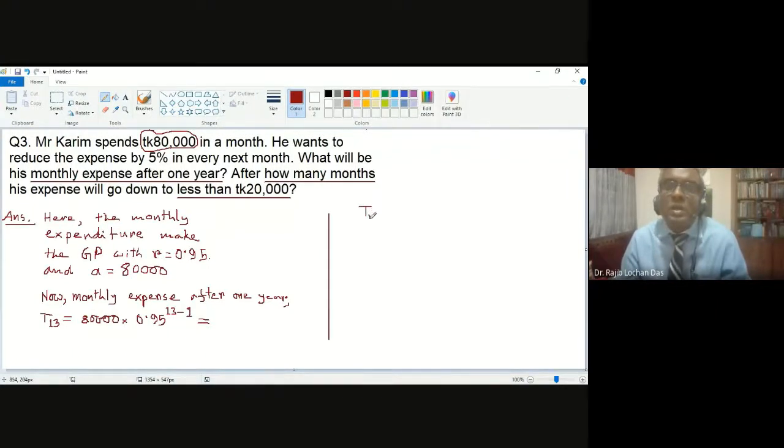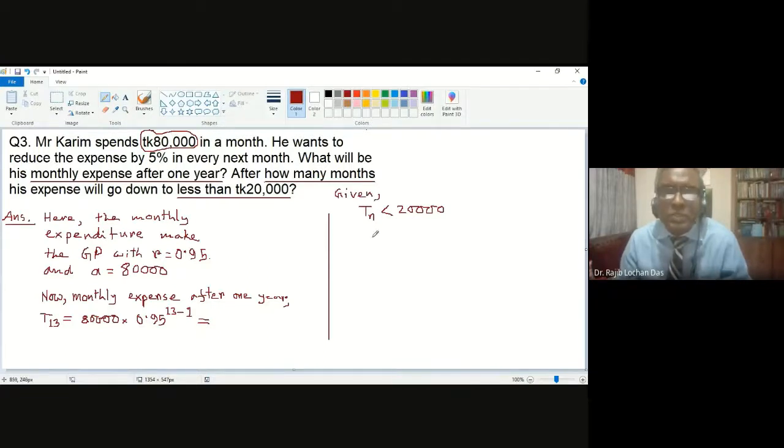Why? Because it is already given. It is Tn. That means 1 month expense. It is not the total month expense. So Tn will be less than 20,000. This is the given thing. Okay, now you apply the formula.